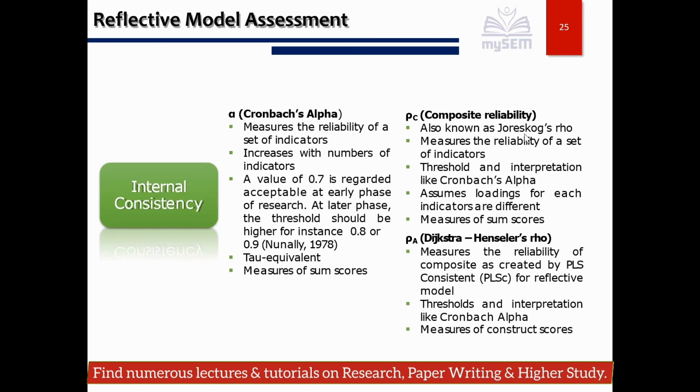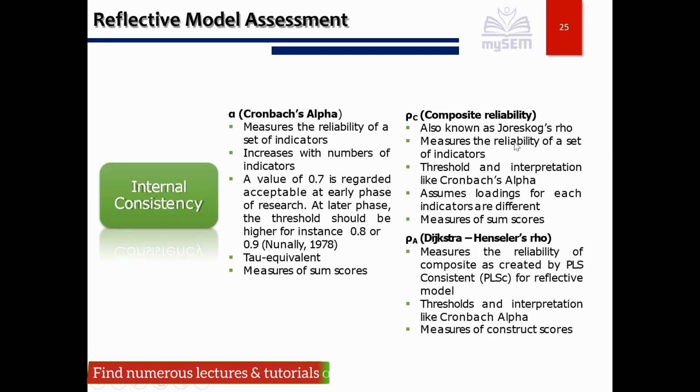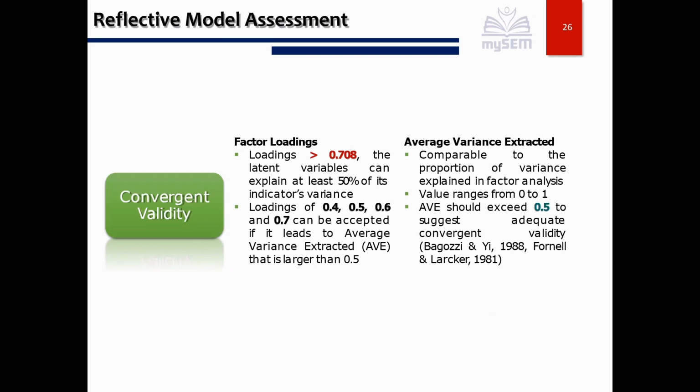Sorry, yeah, composite reliability, I told the wrong thing. The CR value will come, and I already showed you. So here what they showed always is composite reliability. Same thing, the CR value should be 0.7 and above.